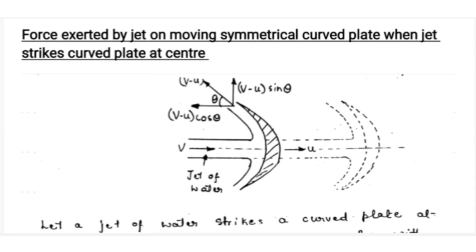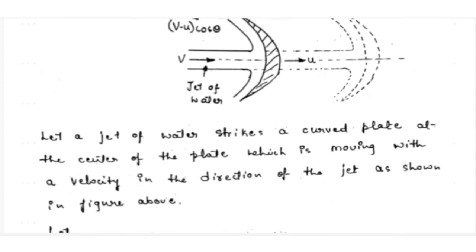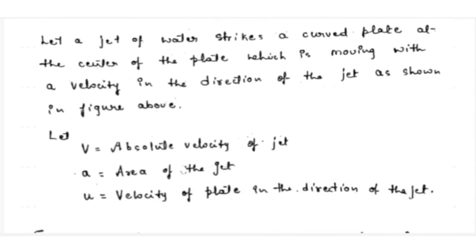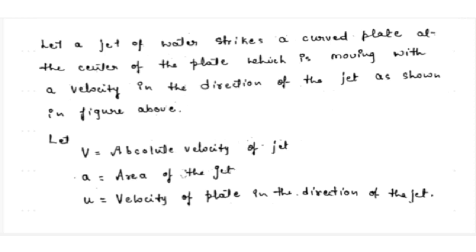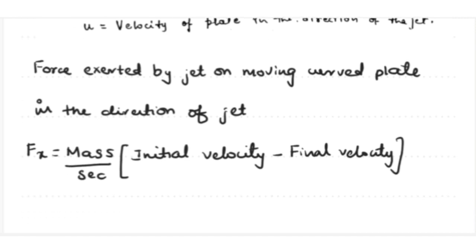So let us get the expression for the force exerted in the direction of jet. All these things we will assume before the derivation. So, force exerted by jet on moving curved plate in the direction of jet. As usual, we will take Fx is equal to mass per second into initial velocity minus final velocity.